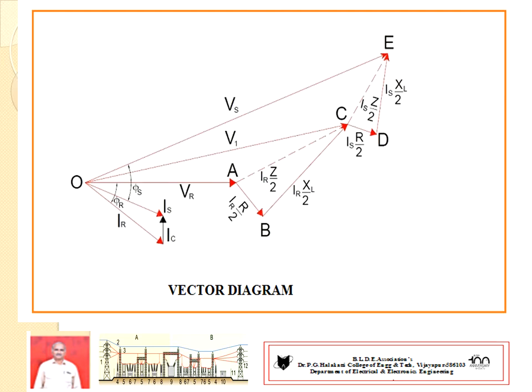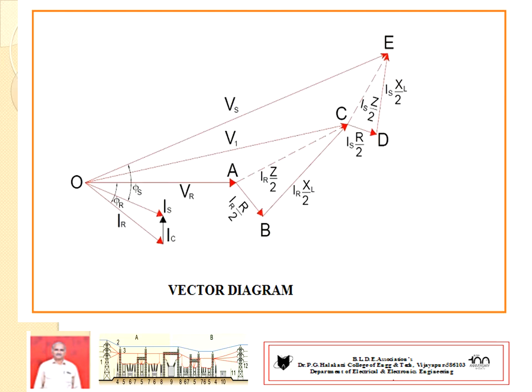After knowing V1, we have to calculate IC. Then after knowing the capacitance current, you calculate the sending end current, the vector sum of IR plus IC. From the vector diagram only you can analyze. Once again, Is is the vector sum of IR and IC.